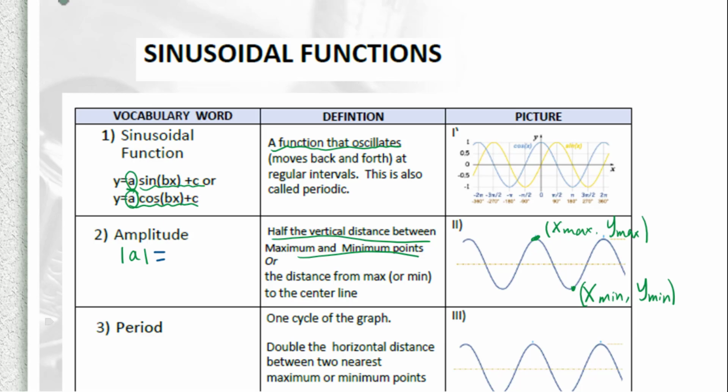Half the distance between y maximum and y minimum is amplitude. Amplitude equals y maximum minus y minimum over 2. We also have this central line. The distance between central line and maximum or minimum is amplitude.